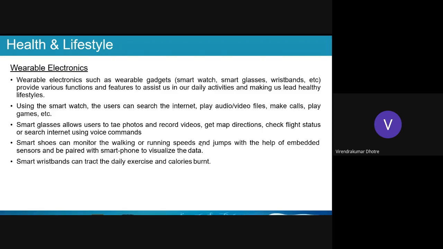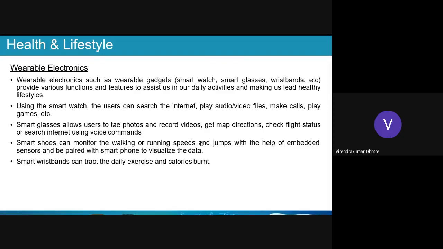These are again connected to the internet, and there are applications which collect all this data 24 by 7, for each single second, and we can analyze that. Using a smartwatch, the users can search the internet, play files, make calls, play games, and the sensors can also give you physical condition data.